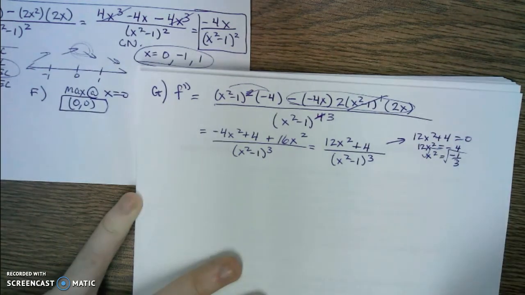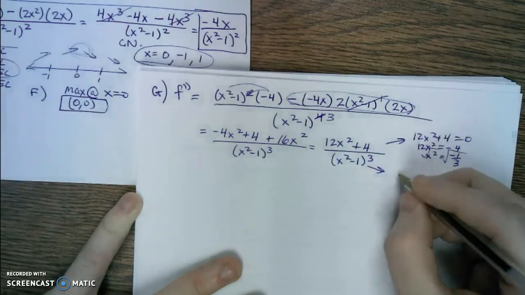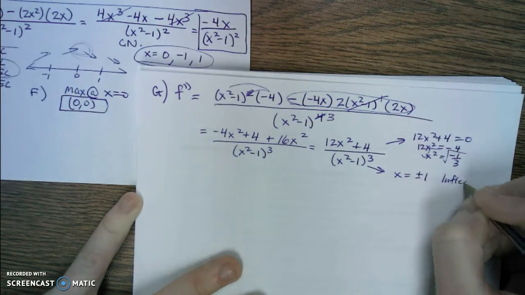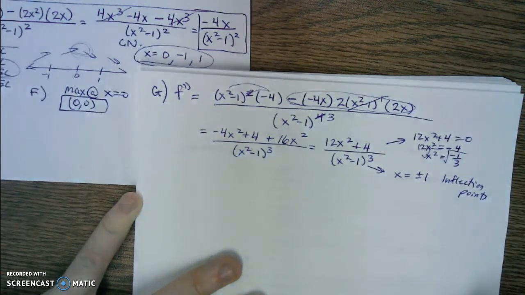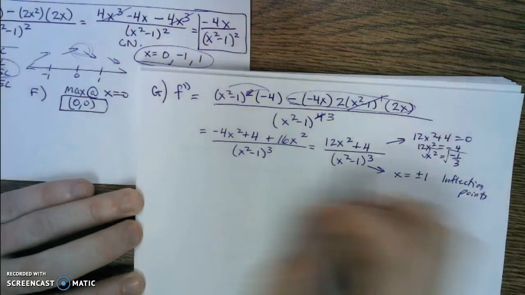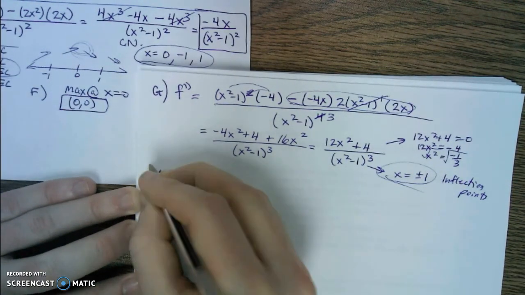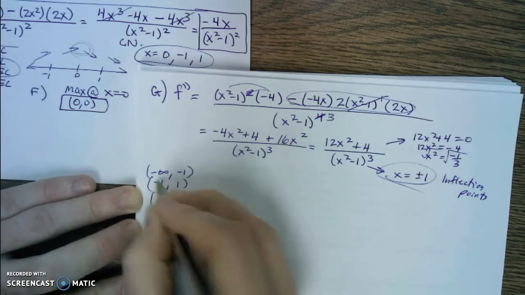So that's not leading to anything. And then the bottom, we still have that x squared minus 1. So that gives me that plus or minus 1 again, which could be inflection points, where it could change concavity. So we're going to make a chart and split it into intervals. So we've got negative infinity to negative 1, negative 1 to 1, and then 1 to infinity.